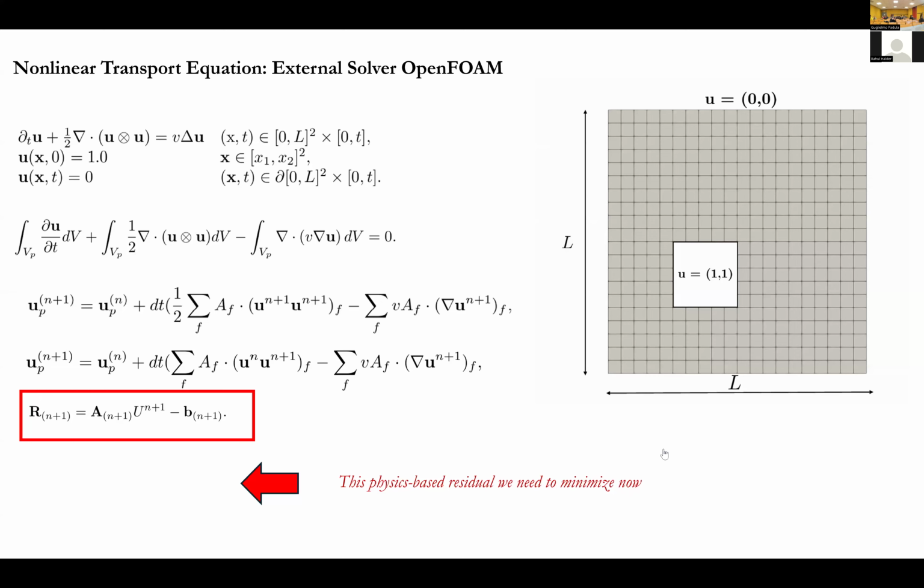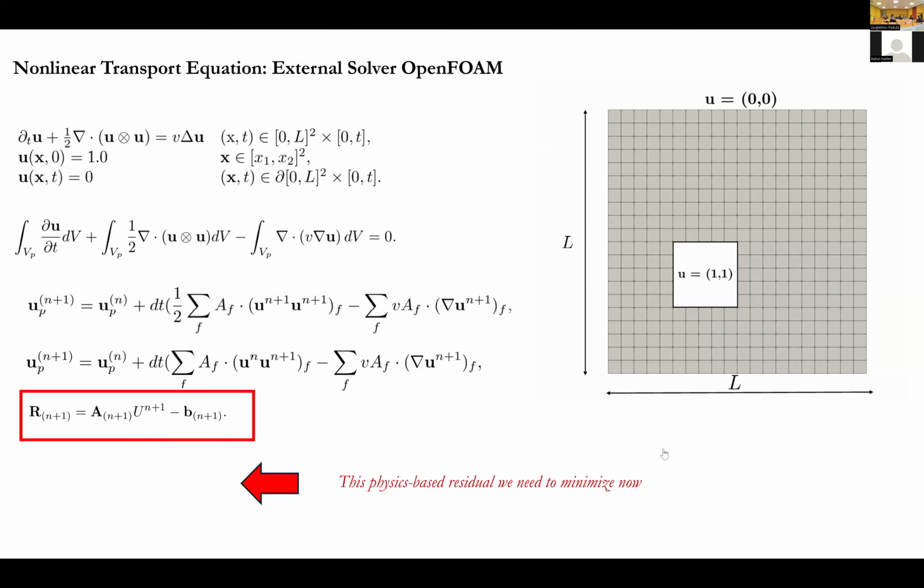If you discretize it in an implicit way, the spatial derivative terms will be given in terms of n+1, but OpenFOAM handles it by linearizing the convective term, where one of the U is considered from the previous time step. Then finally you get the residual AU minus B, and this has to be minimized in the physics-based loss term.